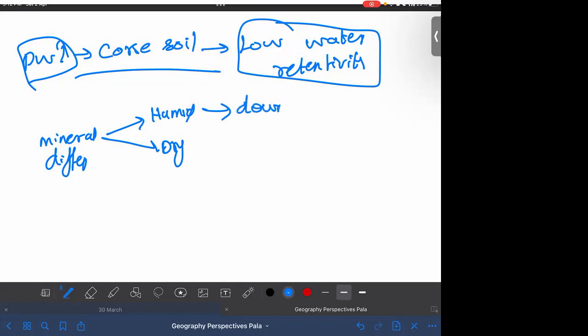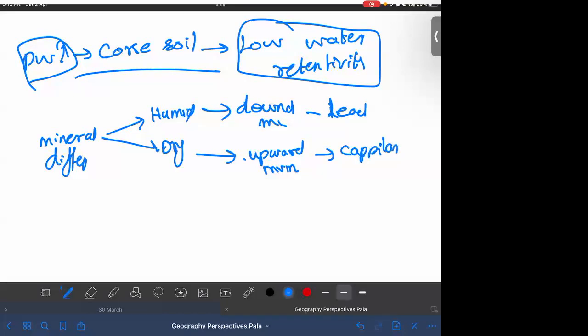Downward movement, or you can say elevation, leaching. In dry region, it would be characterized by what? Capillary action. That is upward movement through capillary action. So again, in a particular region, what kind of differentiation activity, whether it is upward or downward movement, would be determined by the climate of that region.